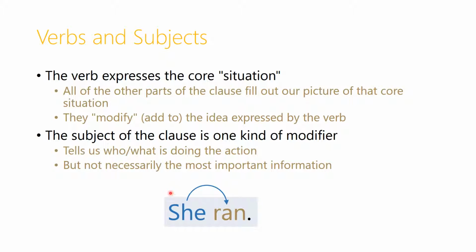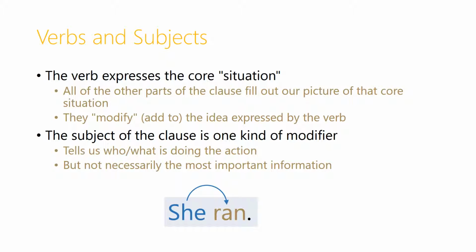So here, She is the subject, and so I've colored it blue. And ran is the verb, and so I've colored it tan. She ran. In English, we would think of this as she being the subject and ran being the predicate. But for thinking about Greek, I think it's better to think about ran, that action of running, as the core of the sentence.